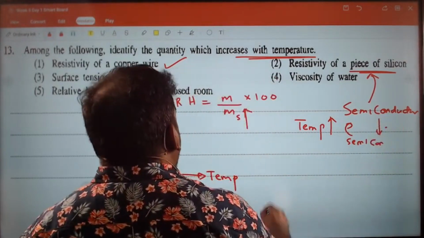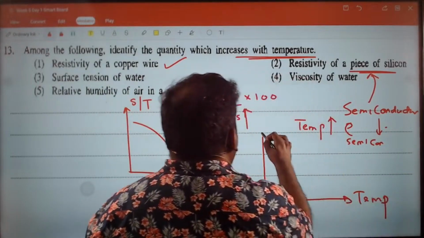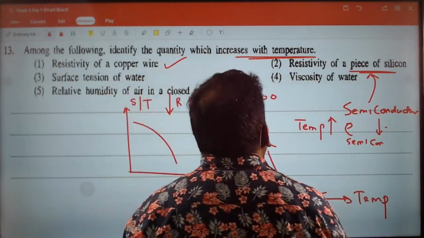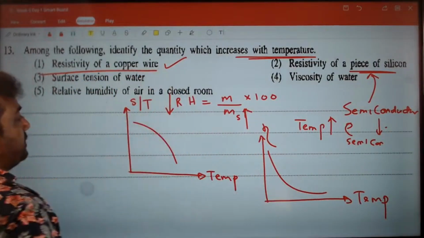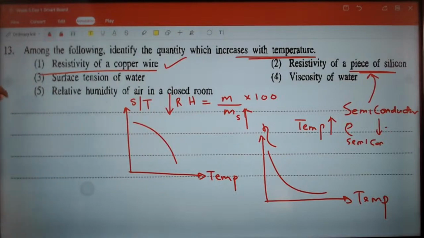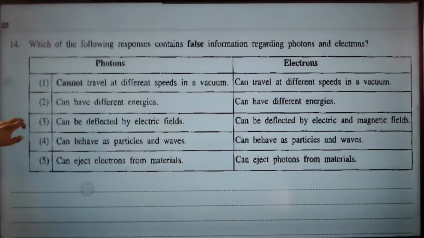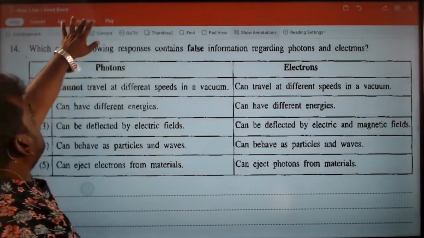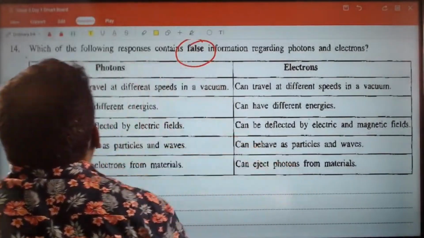Viscosity of water: temperature increases, viscosity eta will reduce. So I can easily say resistivity of a copper wire. That's it. Okay, no? Right.